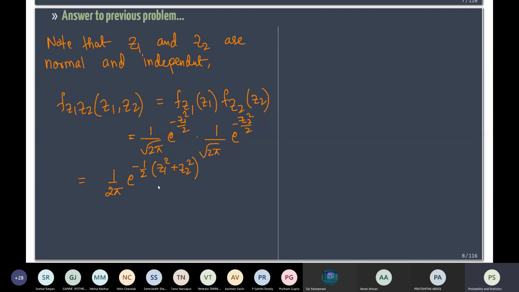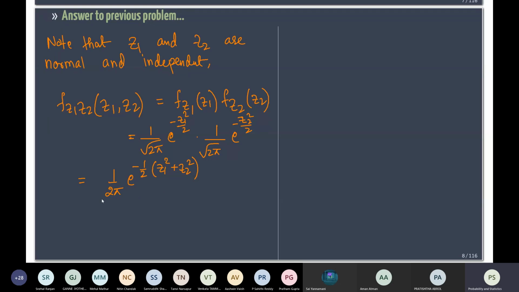What we see is that this behaves like a jointly normal, because it is the form of the normal again. So we can leave it here.